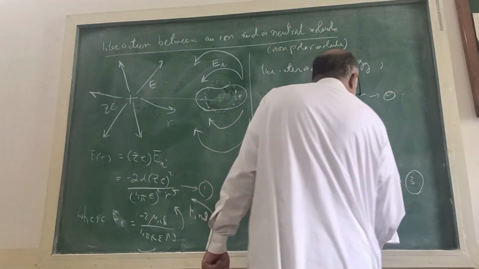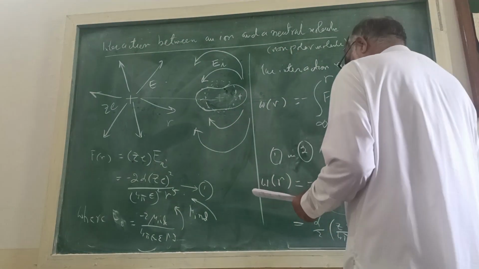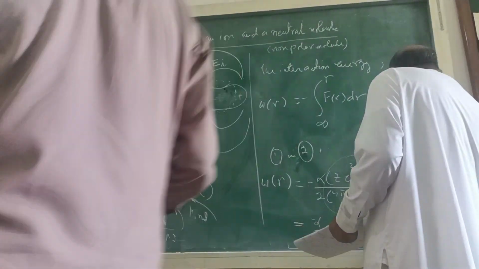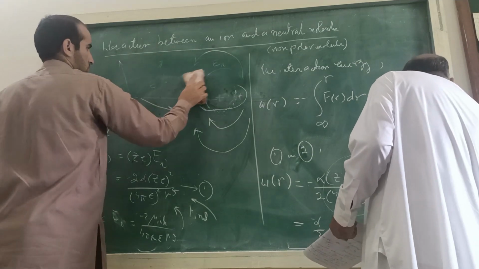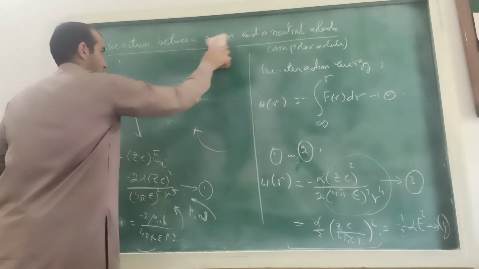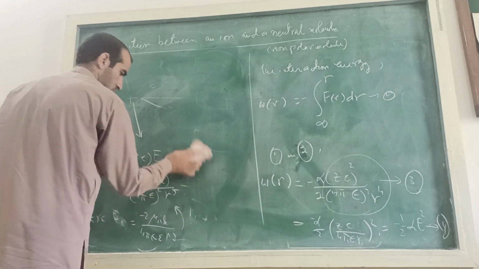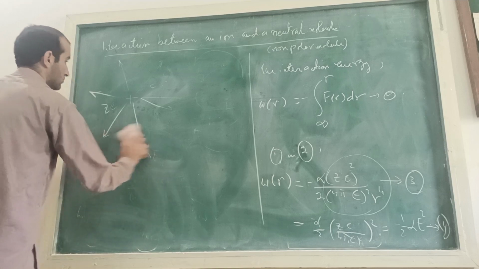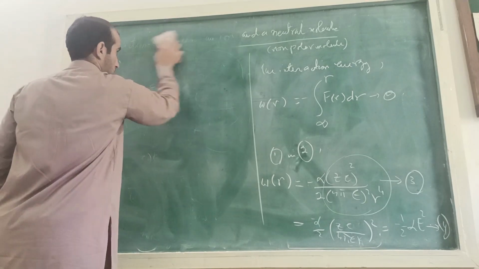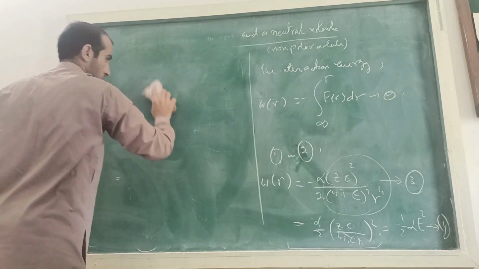So that is equal to minus 1 over 2 alpha E square, where E is the electric field of the ion.